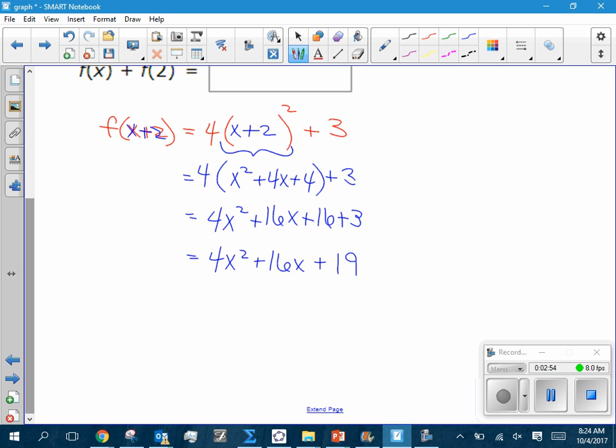I think what people miss a lot of times is that O and I term again when they FOIL that, or they just leave it as 4 times quantity x plus 2 squared plus 3. And to be honest with you, they tell you to simplify, but eventually that will actually probably be better for us because it's in a better format to graph.